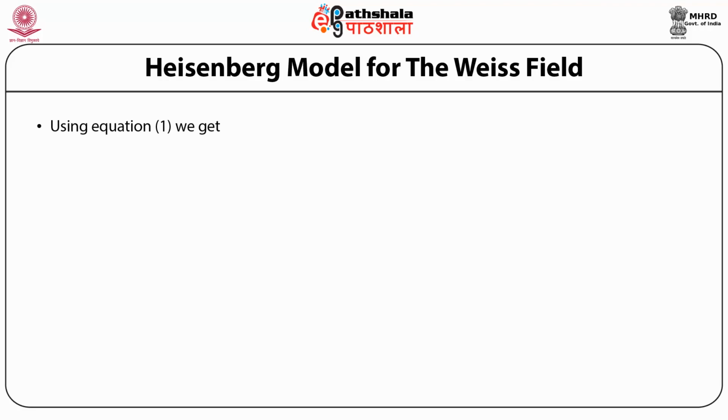Using equation 1, we get lambda comes out to be 2ZJe over Ng square mu b square.